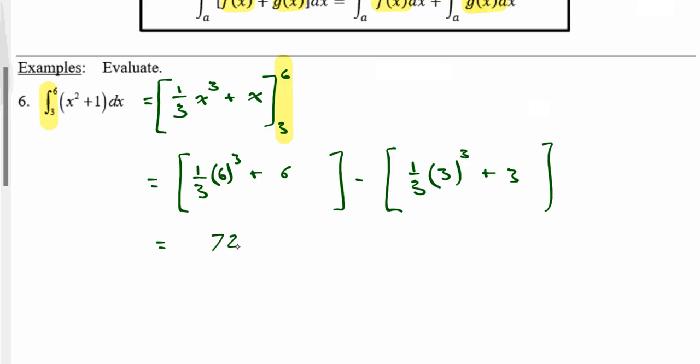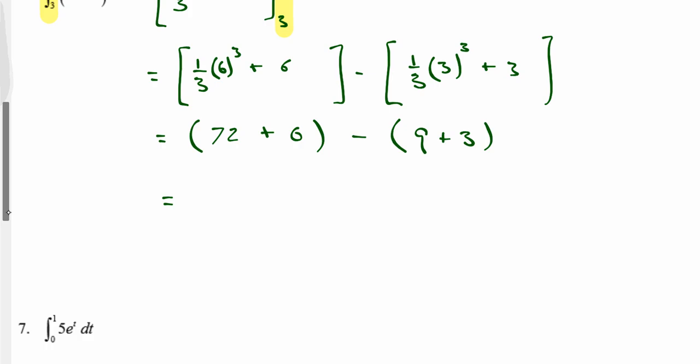Because 21 divided by 3 and then 6 divided by 3. That's what I did. Plus 6. Oh, we know I'm not always right. We already saw evidence of that today. 3 cubed? 27. And times 1/3 is 9 plus 3. Okay, you're just way ahead of me. 78 minus 12.